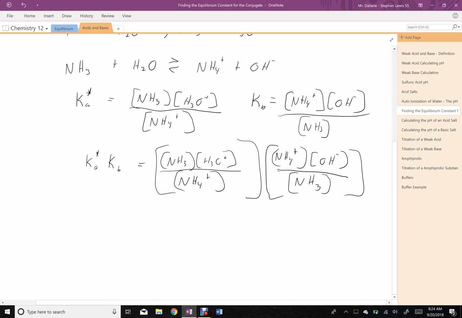What I'm going to notice I can do here is I have NH3 on the top and NH3 on the bottom and NH4 plus and NH4 plus. And you'll notice that then all I'm left with is H3O plus and OH minus.